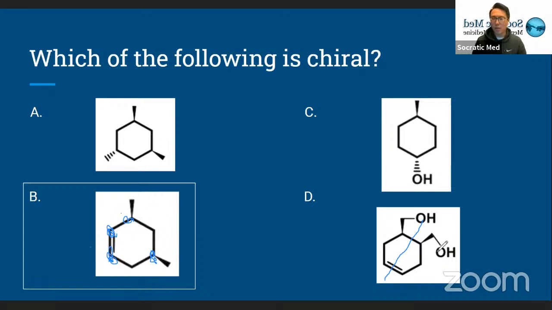So they have the same configuration. If you cut it down this line, it has this internal plane of symmetry. So molecules with an internal plane of symmetry, even if they have stereogenic centers, are considered achiral, if that makes sense.